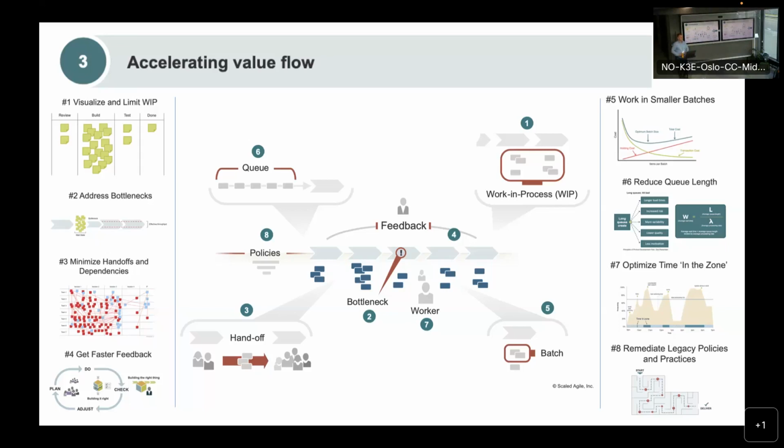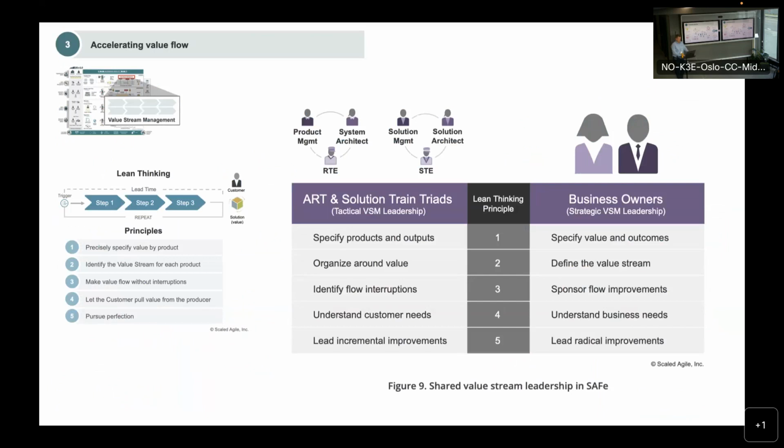Because keeping the old stuff there in how you're measuring, how you're doing stuff will tear your efforts in trying to get more lean apart. So this is again very often leadership quite high up which has to do these or mandate these changes.